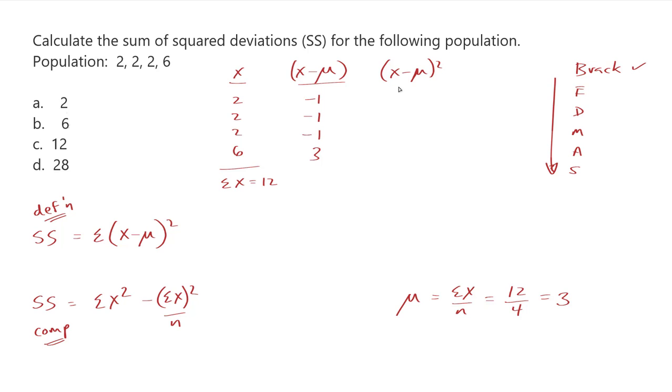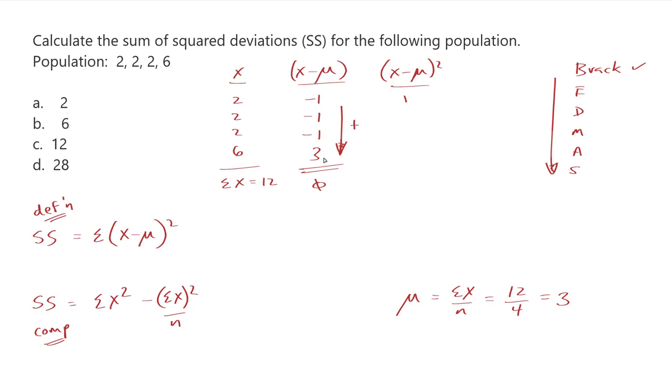Now what comes next is exponents, and so that does mean that I'm going to square things next. For example, -1 squared is 1, and so on. But I want to show you what happens when I add here. -1 plus -1 plus -1 makes -3, plus 3 makes 0.